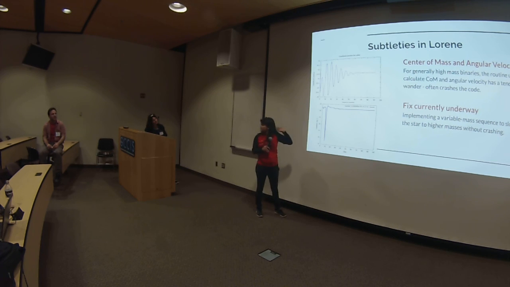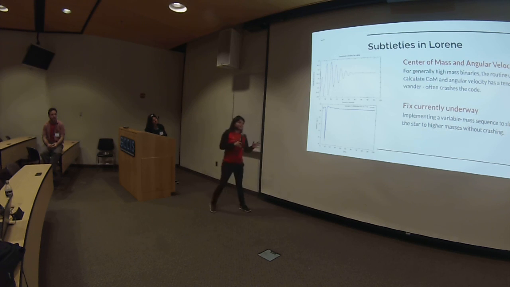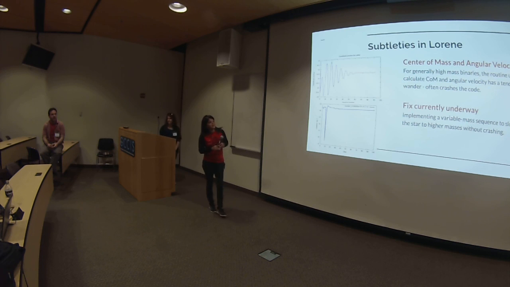Unequal mass. Sorry? Unequal mass. Okay, unequal mass. Okay, but not very different, right? Very close. Yeah, but it goes exceptionally close to one of the stars, which is not what should happen. And we are thinking of fixing it by implementing a variable mass sequence, where we slowly walk towards the higher mass binaries by using the relaxed configurations of lower mass ones.